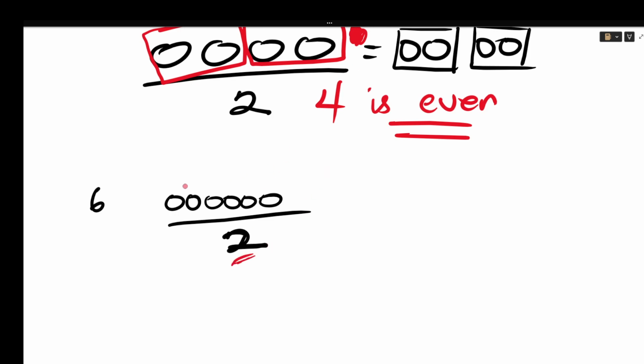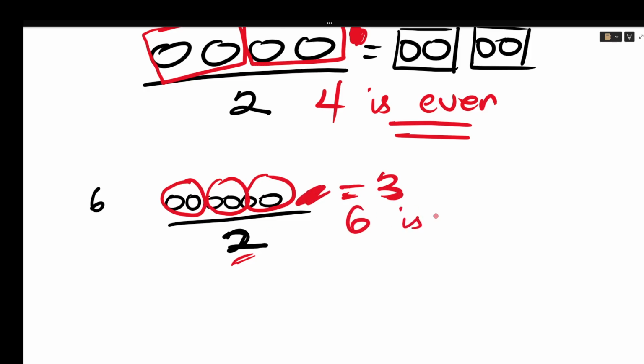So now let's group them. I group 2, another 2, another 2. There's no remainder, and you can see we have 3 groups. That means 6 divided by 2 is 3, leaving no remainder. Therefore 6 is even. Let's try another example.